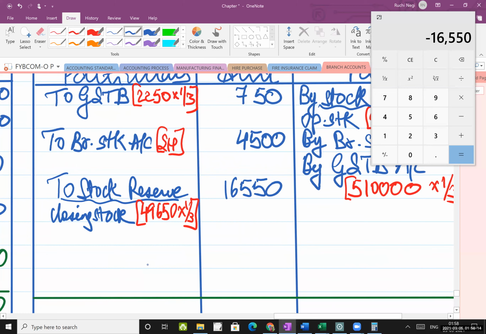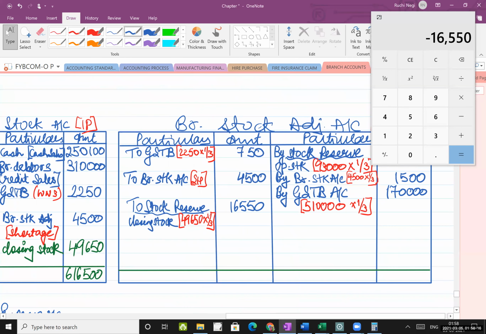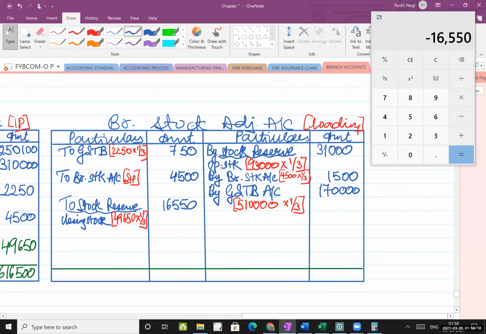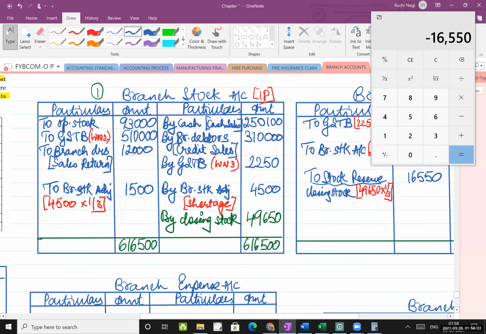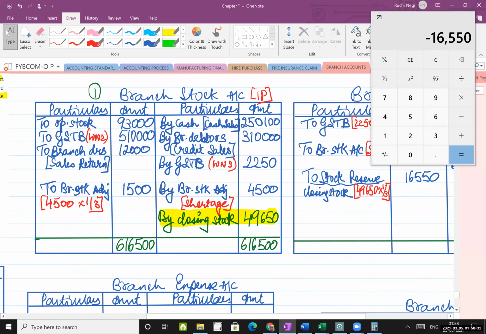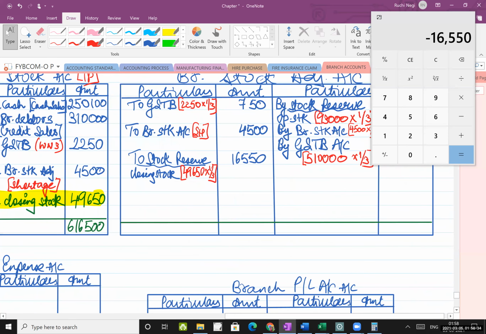Okay. So this is my branch stock adjustment. So my closing stock is finished. This is my balancing figure, closing stock. Then I removed its loading.